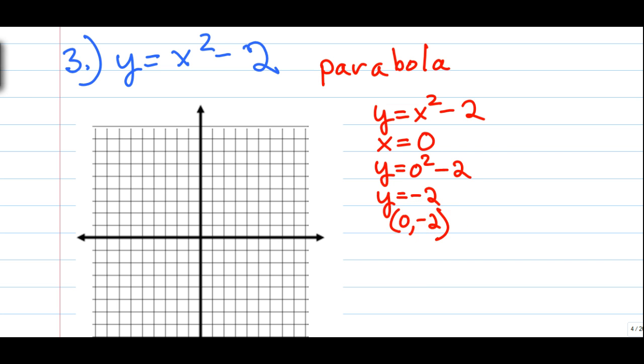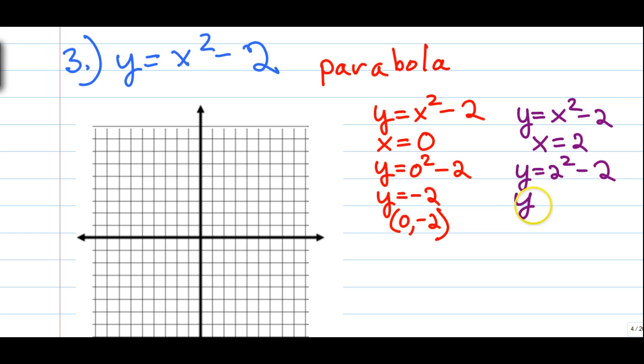I could do this for a second point. I can try plugging in a 2 for my x. So I have y equals x to the second power minus 2, with x equal to 2, which gives me y equals 2 to the second power minus 2.